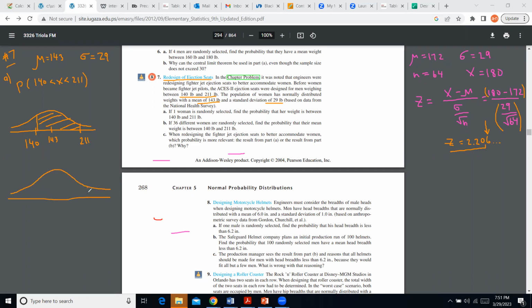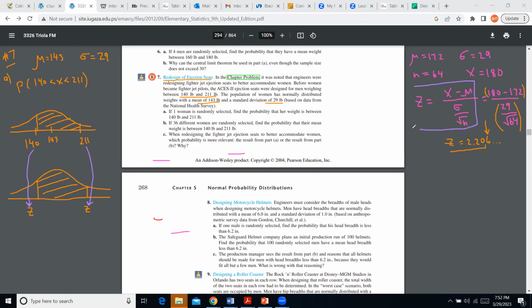And our standard way is converting my values of x to z-scores. So I'm going to get a value of z corresponding to 140, as well as one corresponding to 211. And here's the formula.